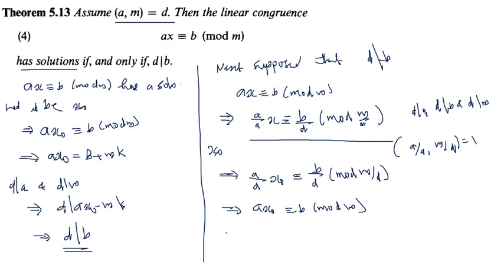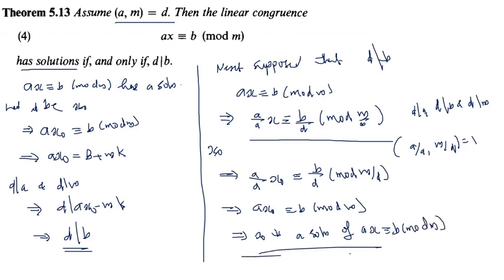That means x naught is a solution of ax congruent to b mod m. That means if d divides b, then ax congruent to b mod m has a solution. So this is the proof for theorem 5.3. So we move on to our next theorem, theorem 5.14.